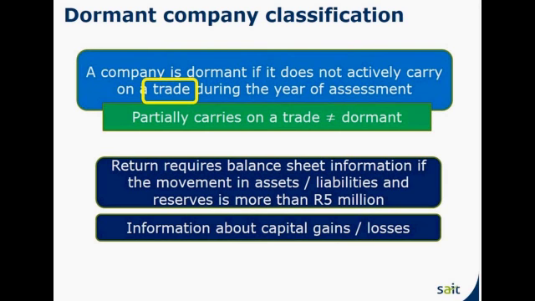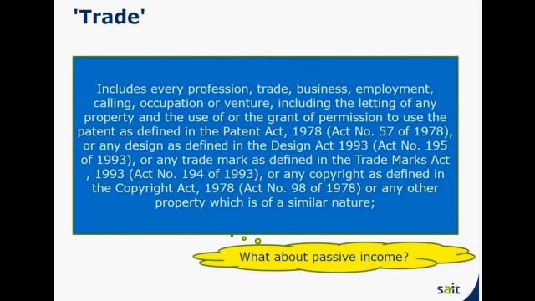And a very important one that people often don't consider to be a trade, just because it's passive income in many cases, is the letting of property or the grant of the use of intellectual property. So a property letting business would also be a trade. Take the example of a company with 1 or 2 or 3 properties that are being rented out. The company would also be trading, so that company cannot be classified as a dormant company.